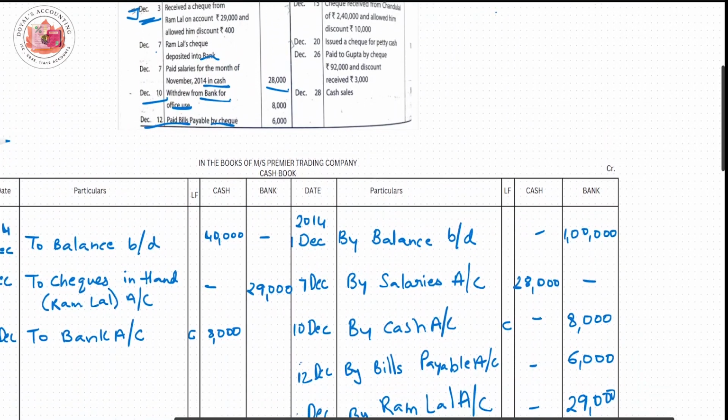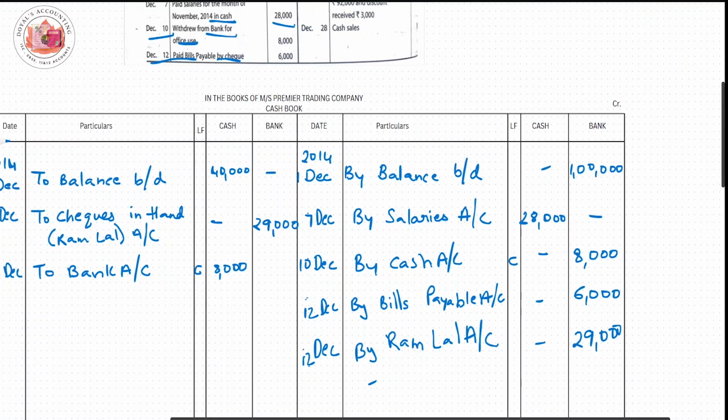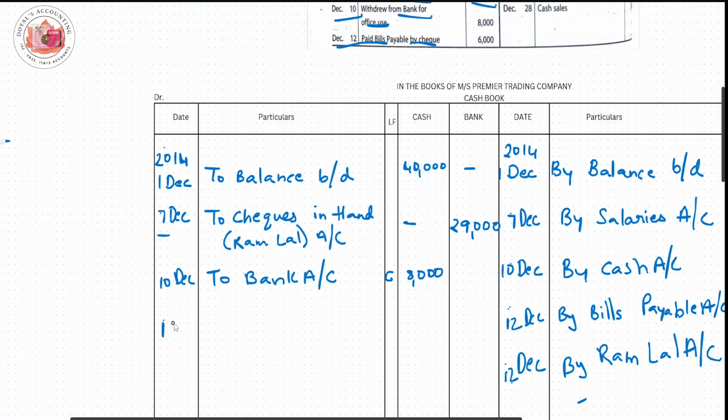So the transaction is on 15th December, 2,40,000 check. Okay. 15th December, to Chandulal's account, 2,40,000.